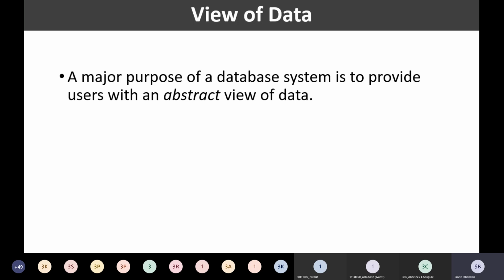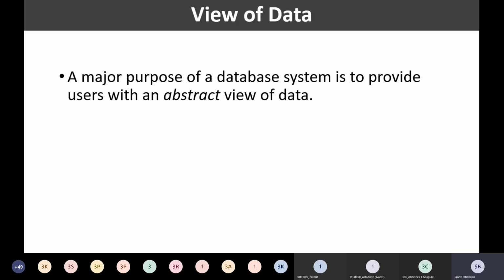What we mean by abstract view is that the system hides certain details of how the data are stored and manipulated.